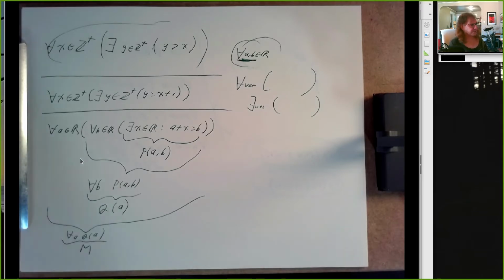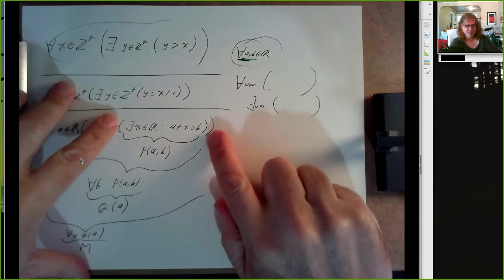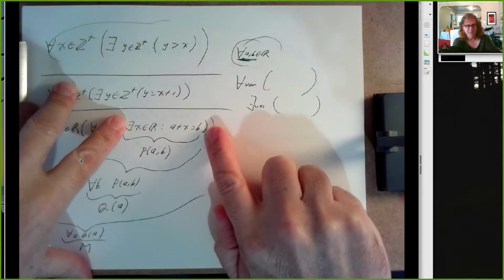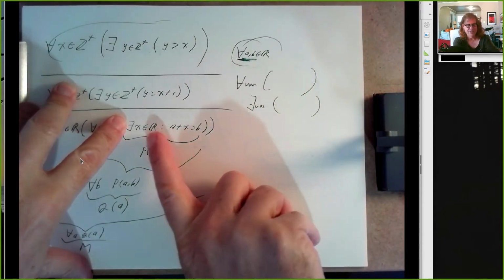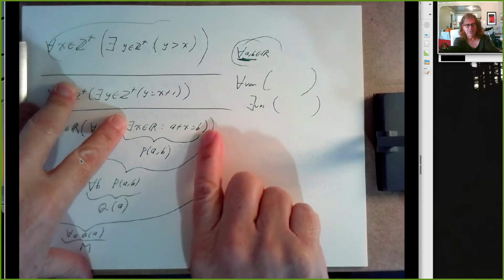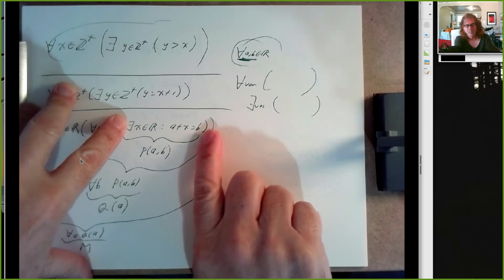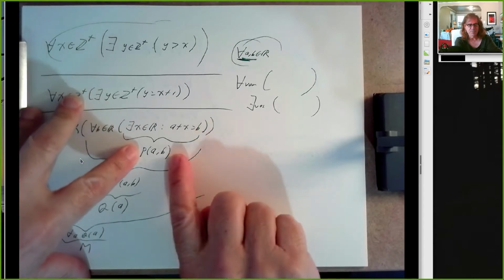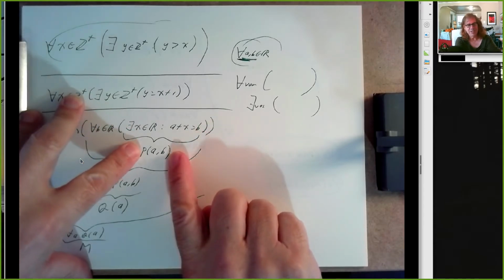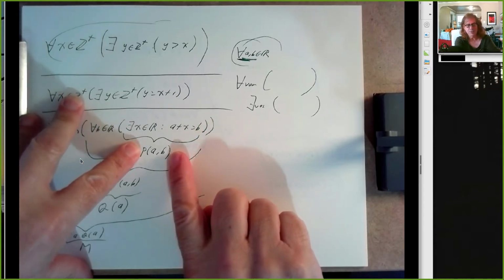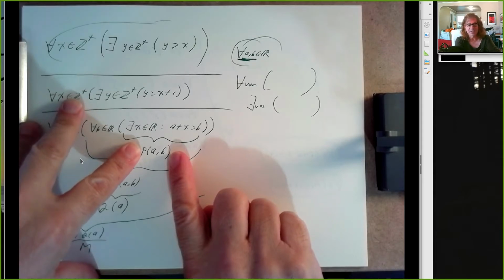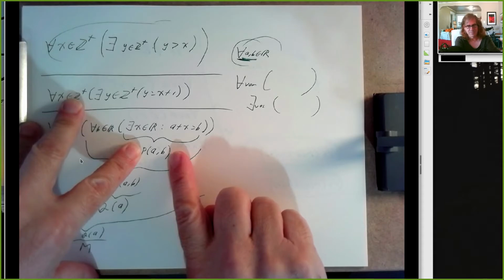Right? So everything is a proposition, a declarative statement with a true or false value. This is a proposition. It says there exists an x such that a plus x equals b. Right? It's got a truth value. That's what P of a b is. Different a and b, different proposition. P of 2, 3 is the proposition that there exists an x such that 2 plus x equals 3. Right?